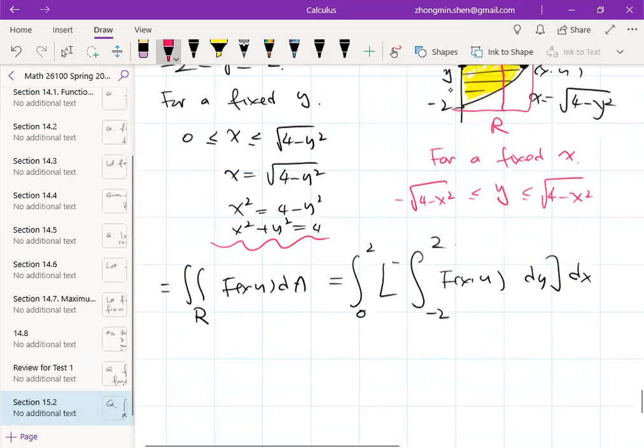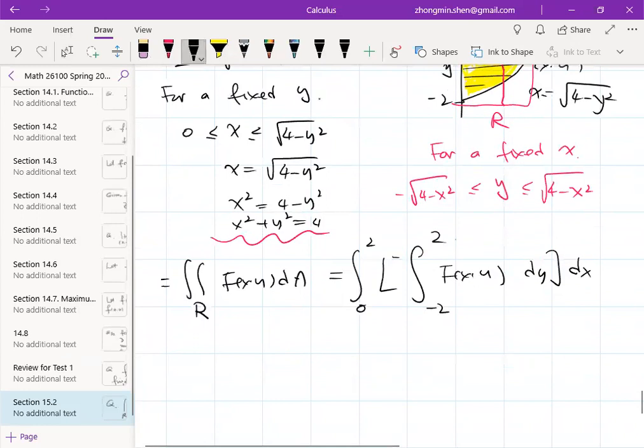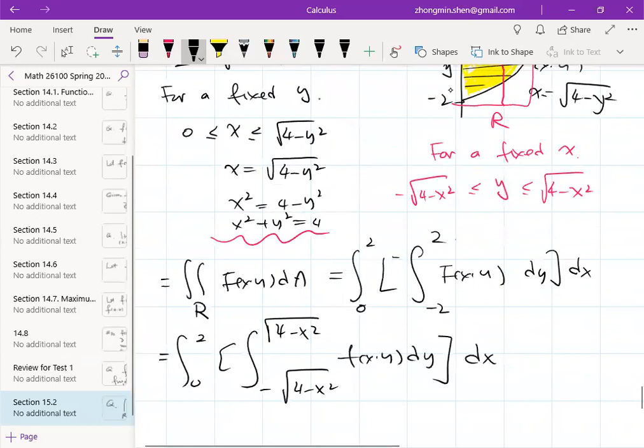So now you can, then you put the little f of x here, dy and dx. For this kind of problems, you really have to understand the ideas.